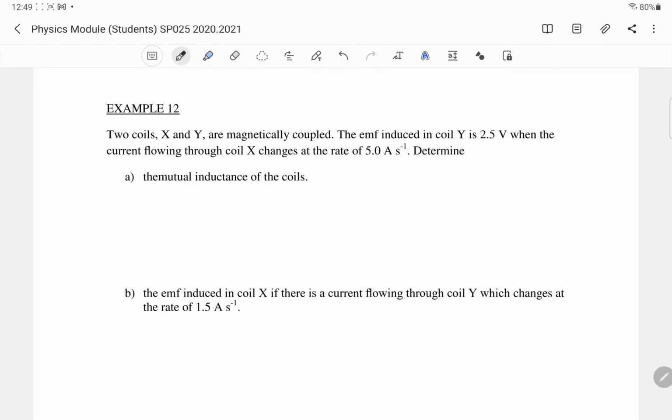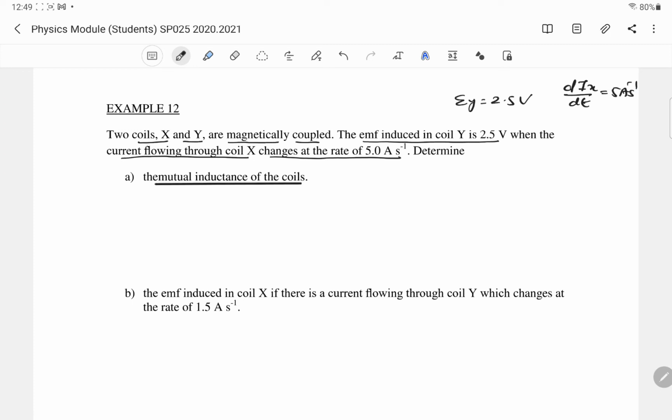Okay, for number 12, two coils X and Y are magnetically coupled. The EMF induced in coil Y is 2.5 volt when the current flowing through X changes at a rate of 5 ampere per second. So dIx over dt equals 5 ampere per second. Determine the mutual inductance of the coils. So Ey equals negative M dIx over dt.